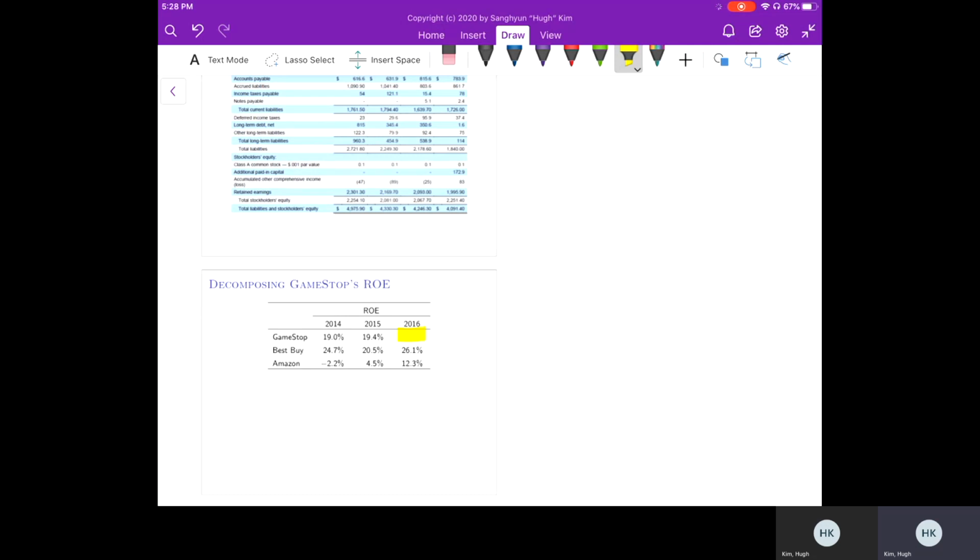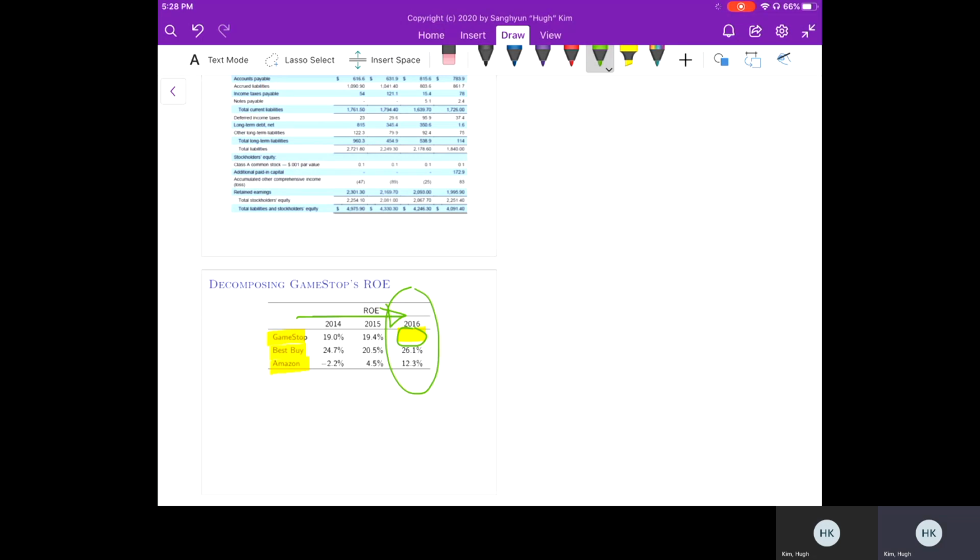We're going to compare GameStop with Best Buy, and I also have Amazon for comparison. The financial ratio is very powerful because it allows us to compare the firm's performance over time to see whether things are improving or deteriorating, or we can compare across firms like this. So this can give us a better context to understand numbers.